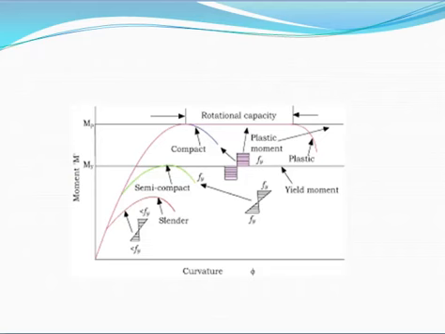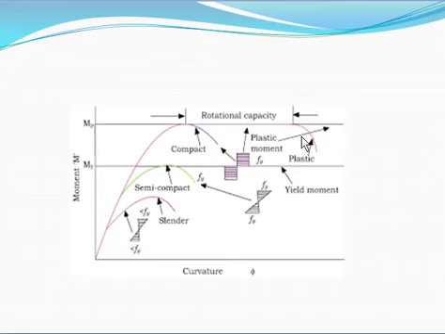The slender section has the least value, and semi-compact has more than slender. Compact has more than semi-compact and slender, and the plastic section has more than these three sections, that is compact, semi-compact and slender.